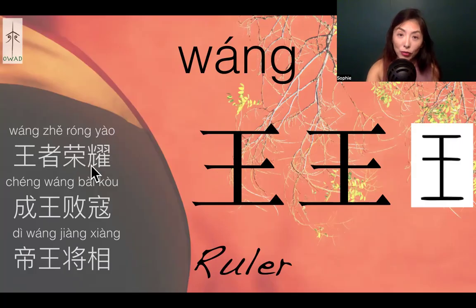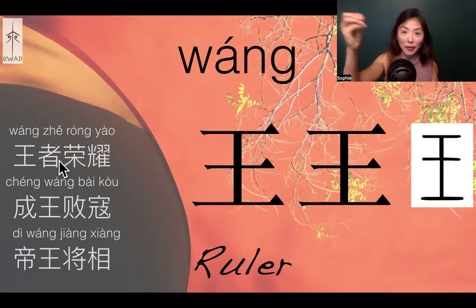王者荣耀: 者 is the definition of somebody. So 王者 is kind of repetitive. We already talked about wáng as the role in a society, as the ruler, and the 者 is a definition, kind of telling you who is the boss, right? Who is the ruler?